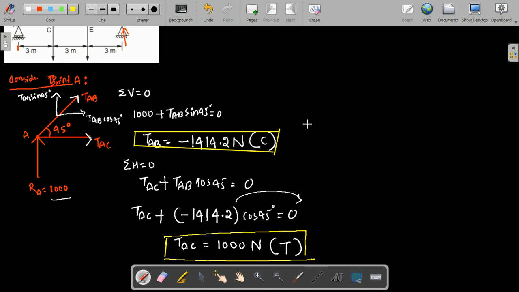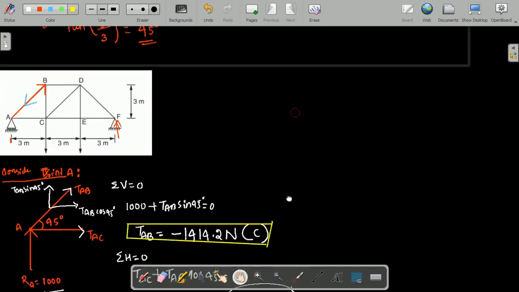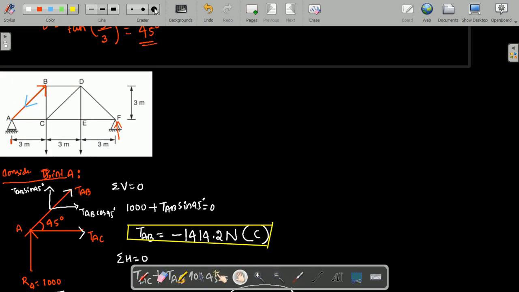So now I need to consider another joint such that the unknowns are 2. Joint A is over. Now I am going to consider joint B. I will write the free body diagram at joint B here. You observe. Joint B is there. How many forces?